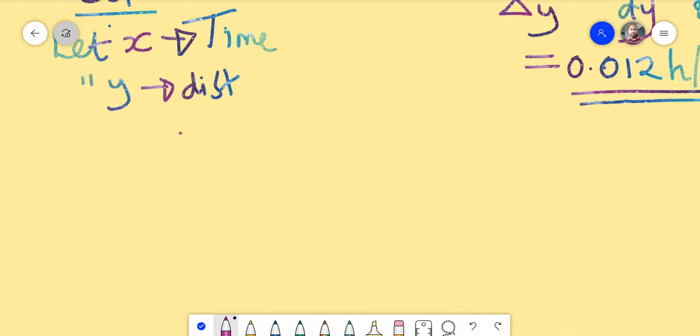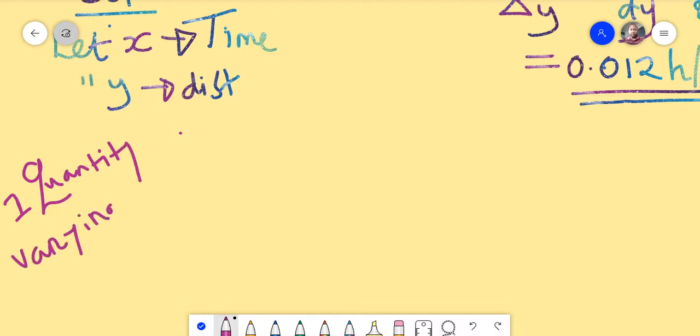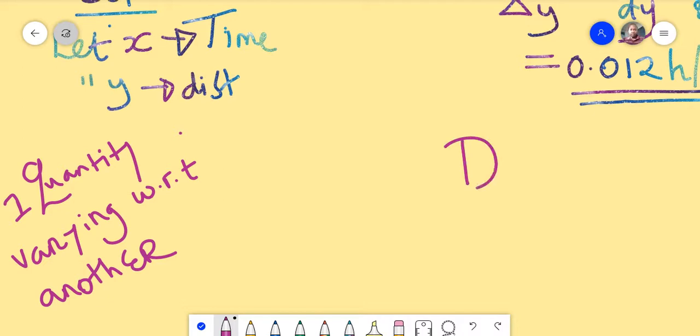At the moment we are considering one quantity varying with respect to another quantity. When we see the rate of change of one quantity with respect to another quantity, that is what we talk about as differentiation. So that's exactly what differentiation is.